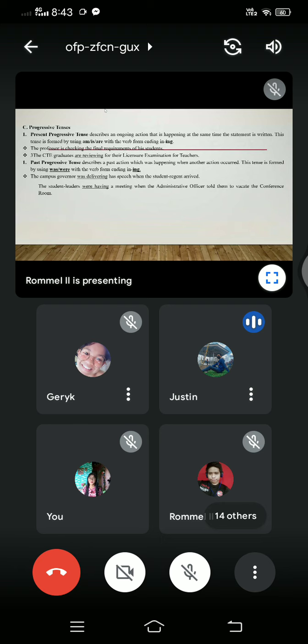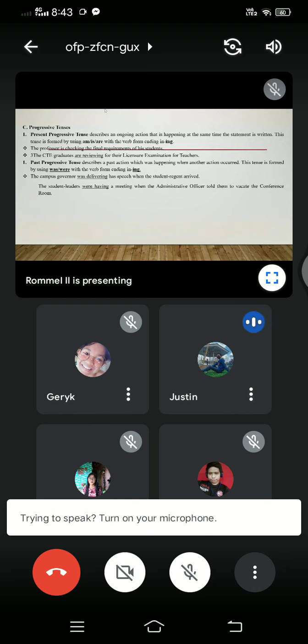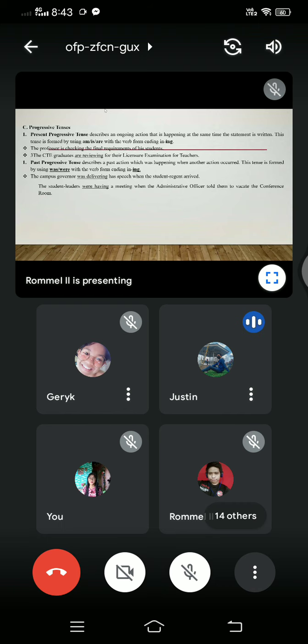The city license for teachers which is verb which used action was happening ending burner was as the student arrived.